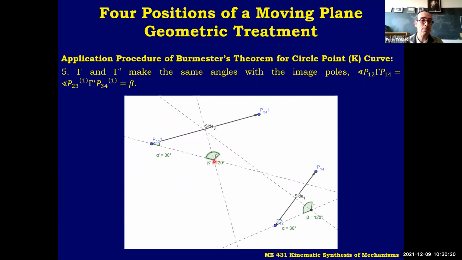So this angle, P23 gamma prime P34, and P12 gamma P14 are the same angles, which is a check of my procedure. And these angles I will call beta, okay? They should be identical.